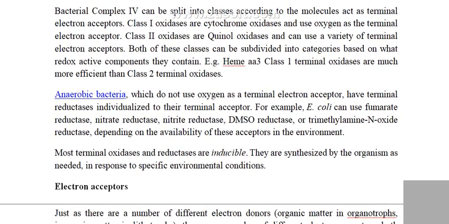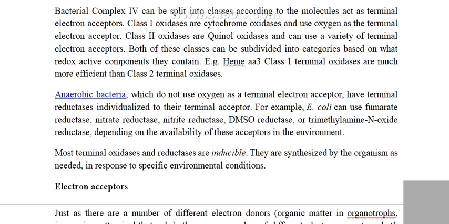Cytochrome oxidases use oxygen as the terminal electron acceptor, and the quinol oxidases use a variety of terminal electron acceptors. In anaerobic conditions, the reductase enzymes use fumarate reductase, nitrate reductase, nitrite reductase or trimethylamine N-oxide reductase, anything. So in anaerobic conditions, it is the reductase which is the terminal electron acceptor.